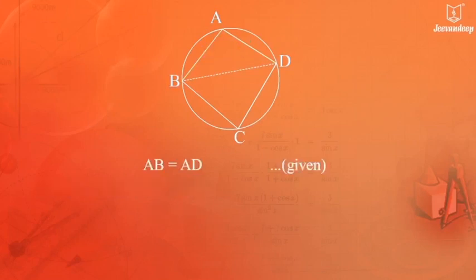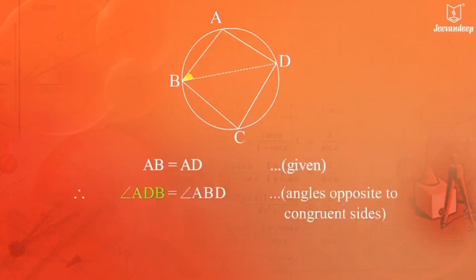Join BD. Consider triangle BAD. AB equals AD as given. Therefore, angle ADB is equal to angle ABD, being the angles opposite to congruent sides.